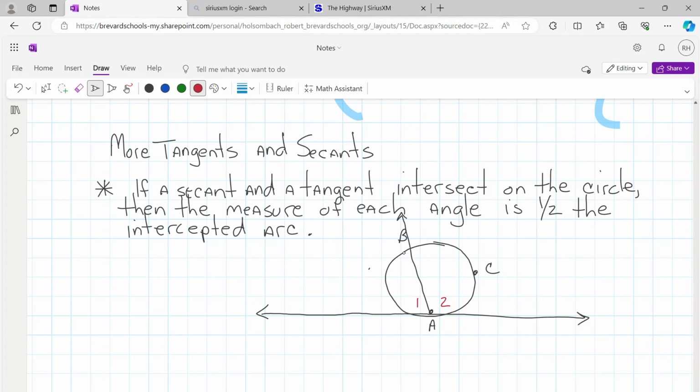All right, angle 1 right here. Here's its intercepted arc. We're going to say the measure of angle 1 is equal to 1/2 times the measure of arc AB.